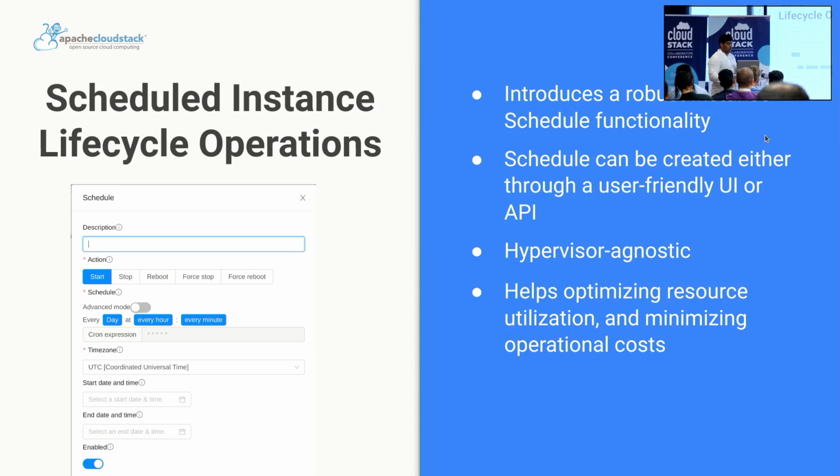Operators can provide a Unix cron or human readable format in terms of time and schedule. So it would allow running VMs or instances to start, stop, reboot, and things like those. Really nice feature. We have a nicely built UI for this, so please check this out.